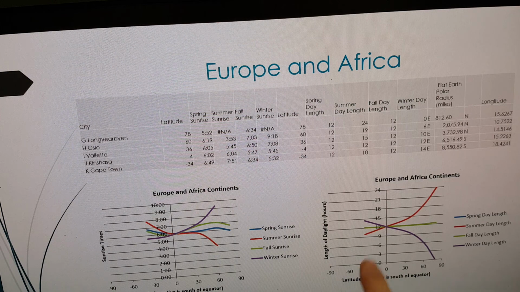Again, the fall and the spring day lengths lie exactly on top of each other and are 12 hours across the latitudes.